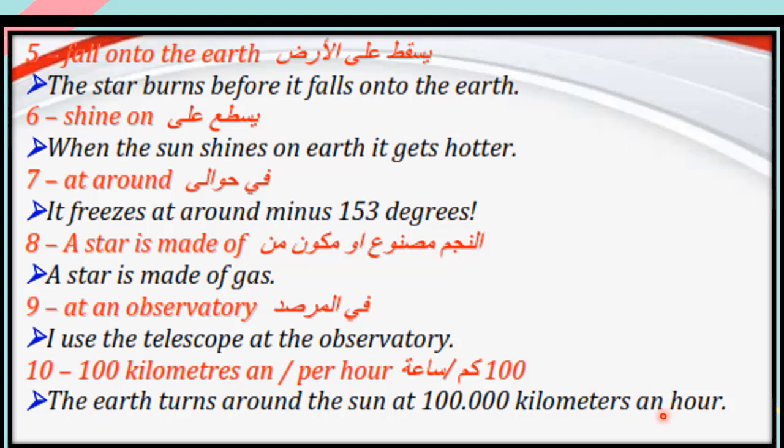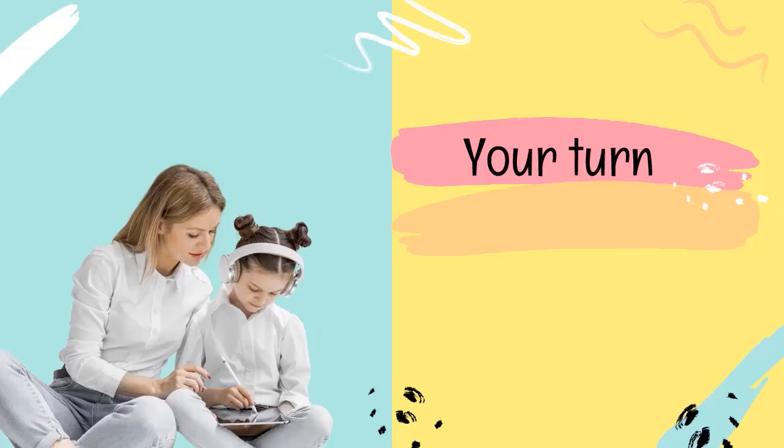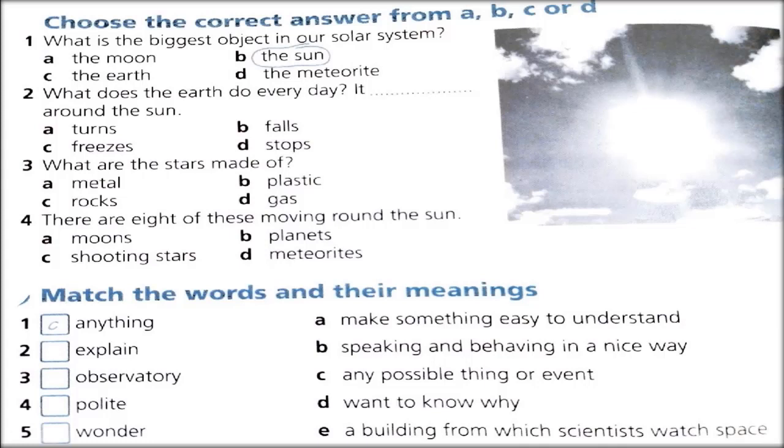Or I can say 100,000 kilometers per hour instead of "an". Your turn. Answer these two exercises.